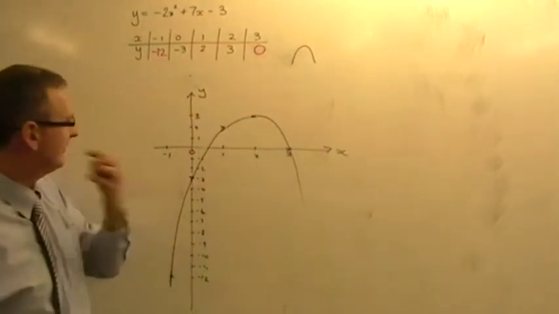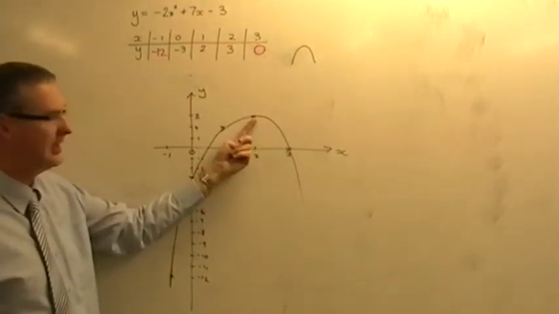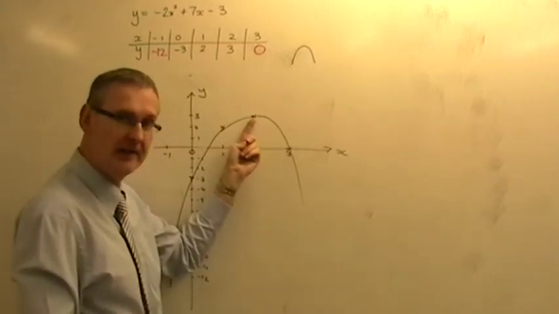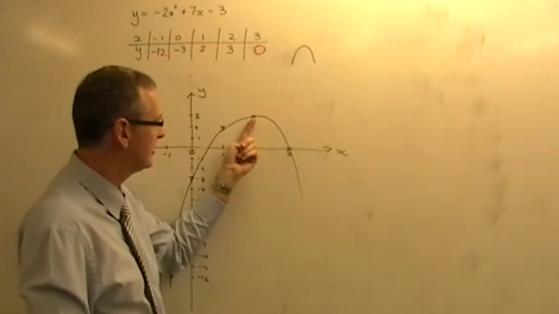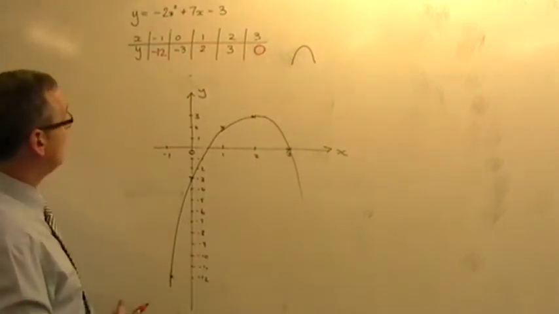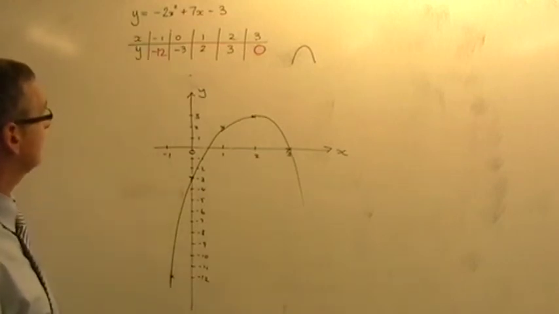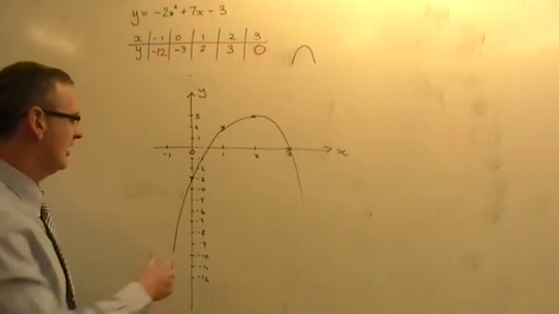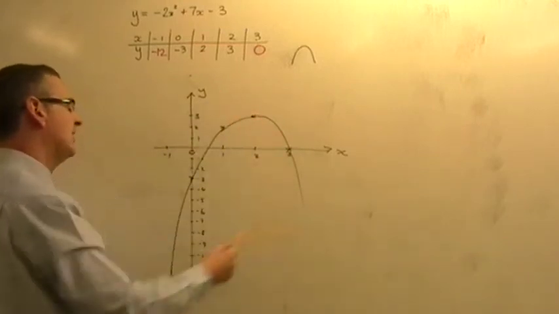The top of the curve actually isn't that point there, but I am not going to dwell on, in this particular video, where the exact location of the top of the curve is. Suffice to say, that is basically the graph of y equals minus 2x squared plus 7x minus 3, and you're getting your n shape like so.